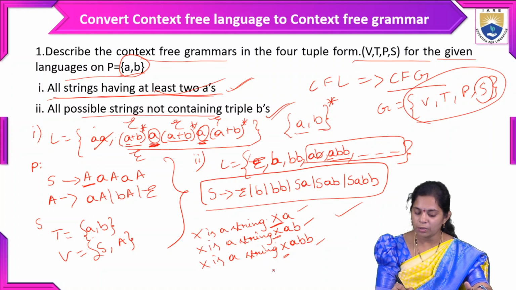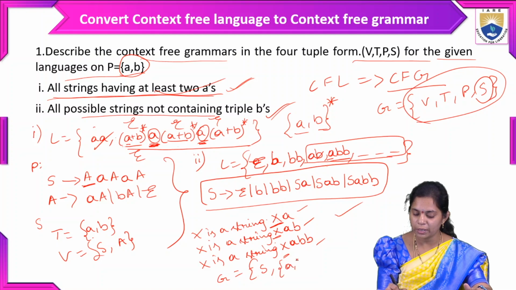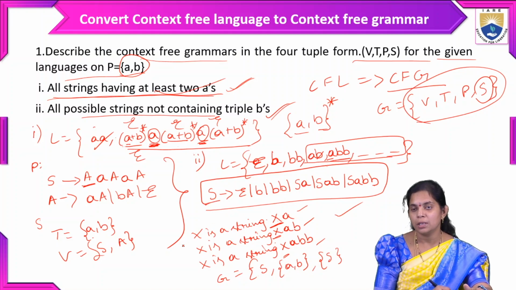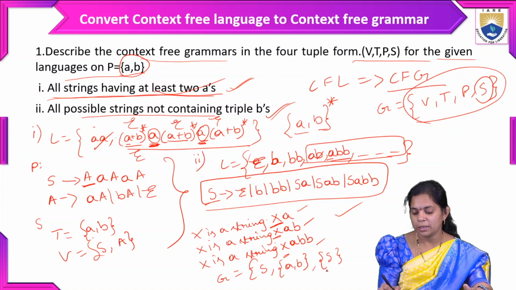So coming to the altogether definition of grammar. The production rule is already there, S is there, T is a combination of A comma B, and V is nothing but S, only S. Because we have only one equation, we will write it together like this.